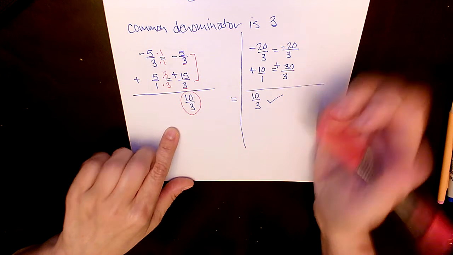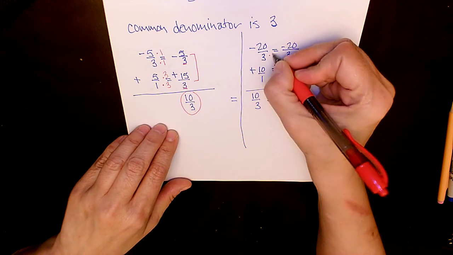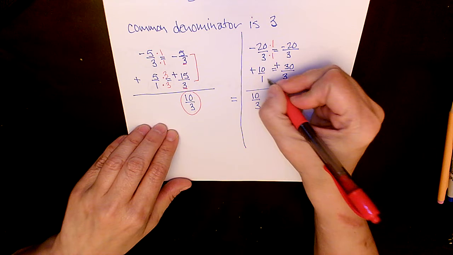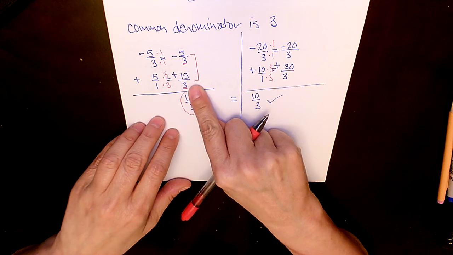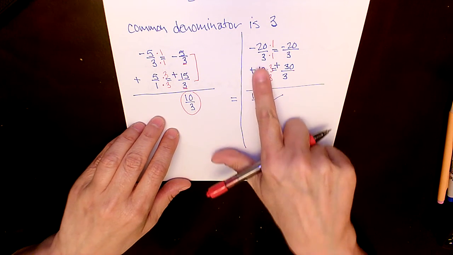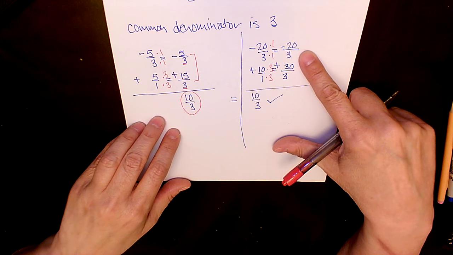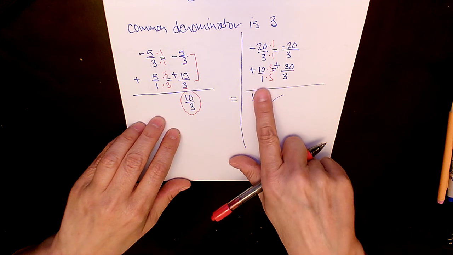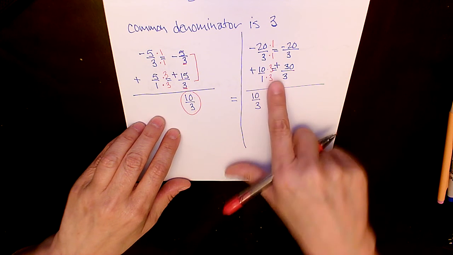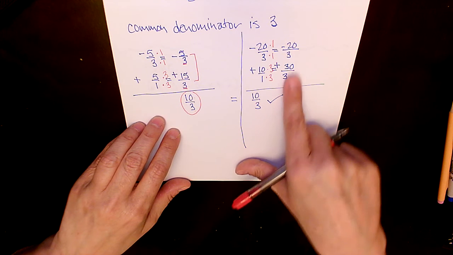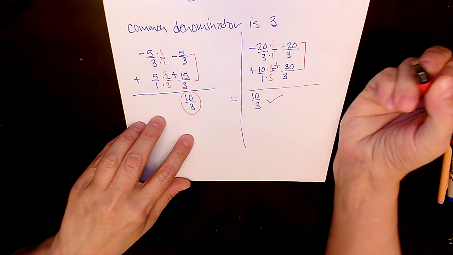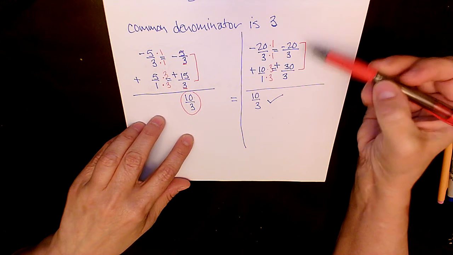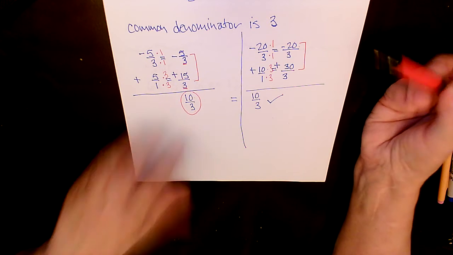And I'm going to do the same over here. I'm going to change these both over to thirds, just like I did on the left side of my paper. So this stays -20/3, and for the 10/1, if I'm multiplying both top and bottom by 3, I get 30/3. And again, I'm going to add them together, and I'm going to subtract because one's positive and one's negative.